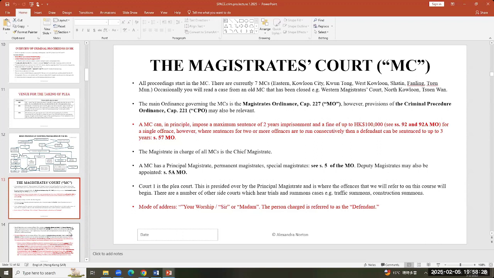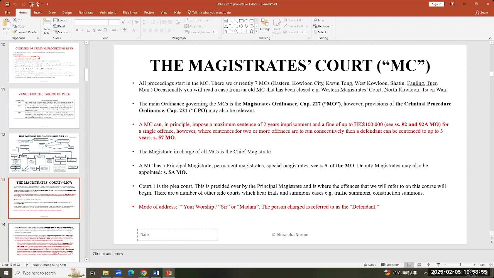But where the defendant is being sentenced for more than one offense at the same time, the magistrate has the jurisdiction to impose up to a 3 year sentence if the sentences are imposed consecutively. So the maximum can be extended under Section 57.